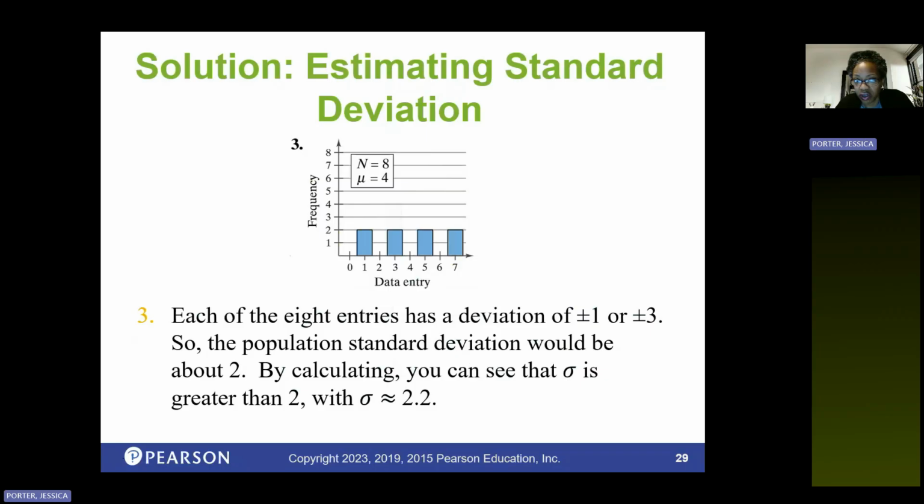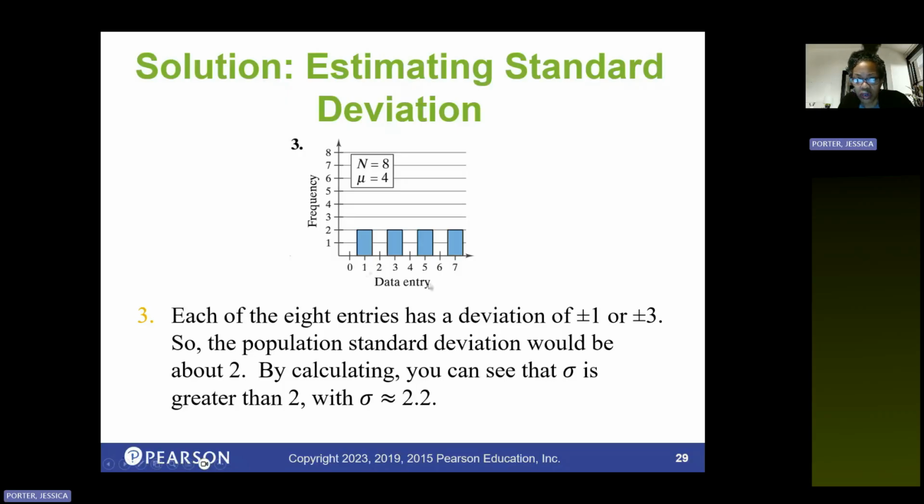Close, very close. It's a little bit greater than 2. So the mean is 4. The deviation of the first one is plus or minus 1, and the deviation of 7 is plus 3. And then 4 to 1 is minus 3.